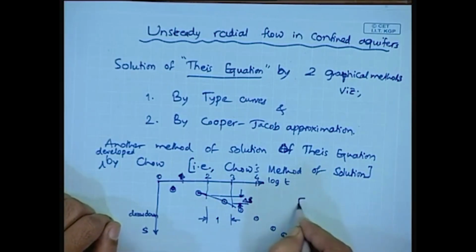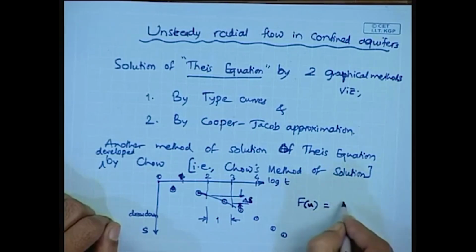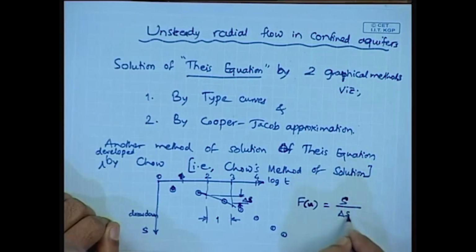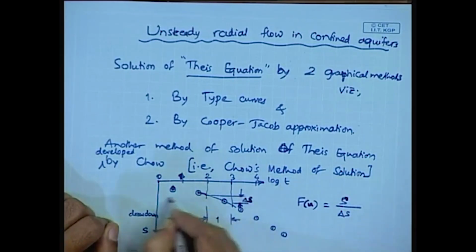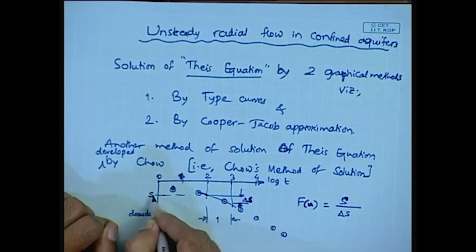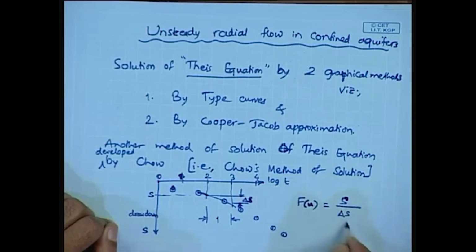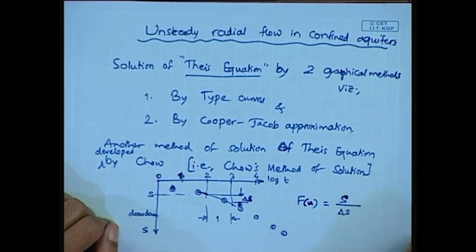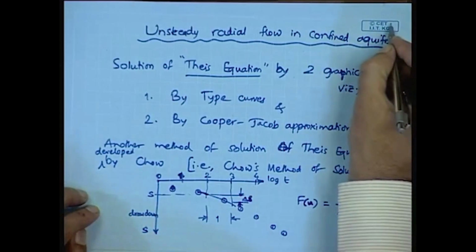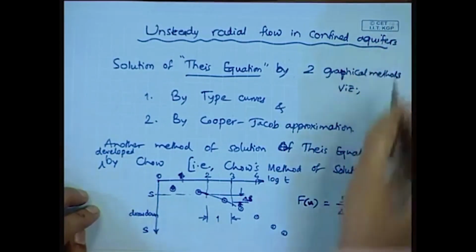Then F(u) is a parameter which is a function of the well function parameter u. It is equal to s, the drawdown, divided by delta S, where s is the typical value of drawdown and this is delta S. This s by delta S is denoted as F(u).